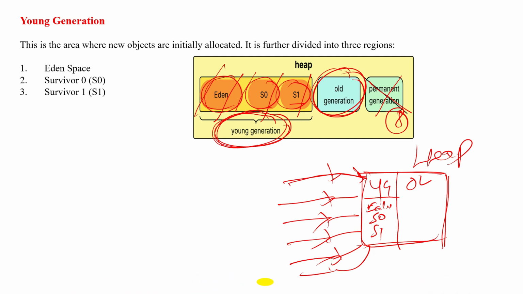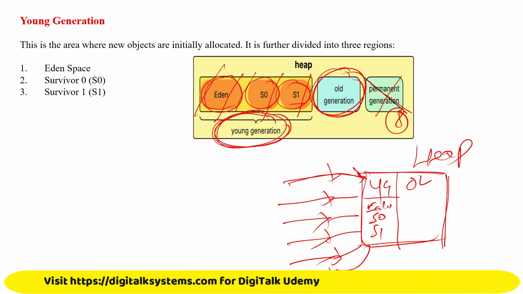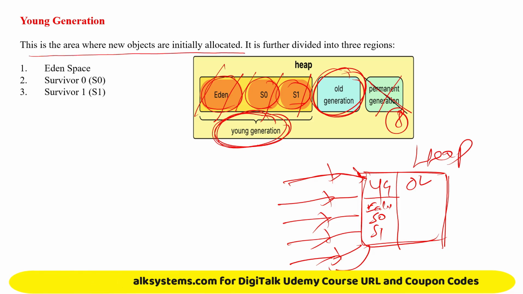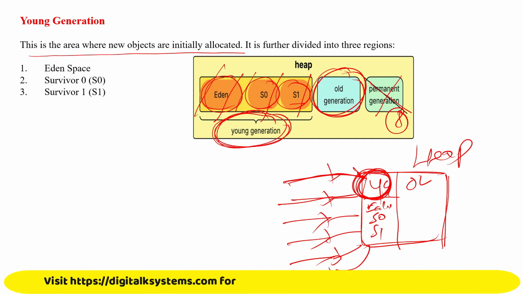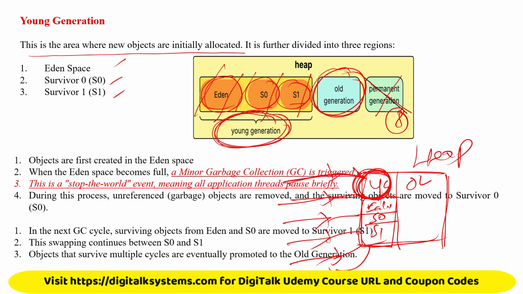So what happened? Whenever a new request comes to your WebSphere and gets executed by your JVM, this is the first area where new objects are initially allocated. That means first it will connect to the young generation part. The request will connect to the young generation part. And inside the young generation, we have three, Eden, S0 and S1. So what will happen in that case?